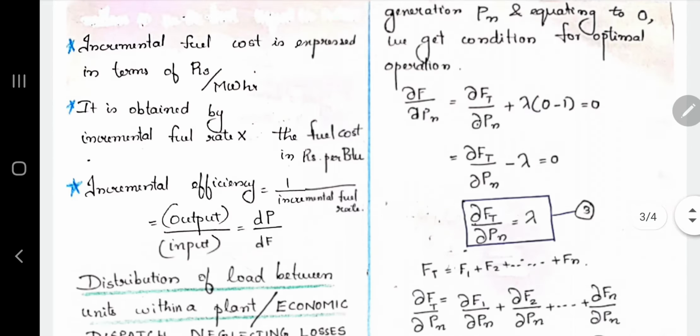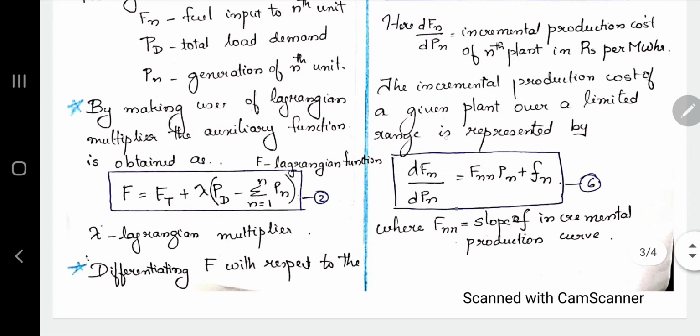So the incremental production cost of a given plant over a limited range can be expressed as y equal to mx plus c, where m is the slope, Fnn is the slope of the incremental production curve, Pn is the x value, and Fn is the y intercept.